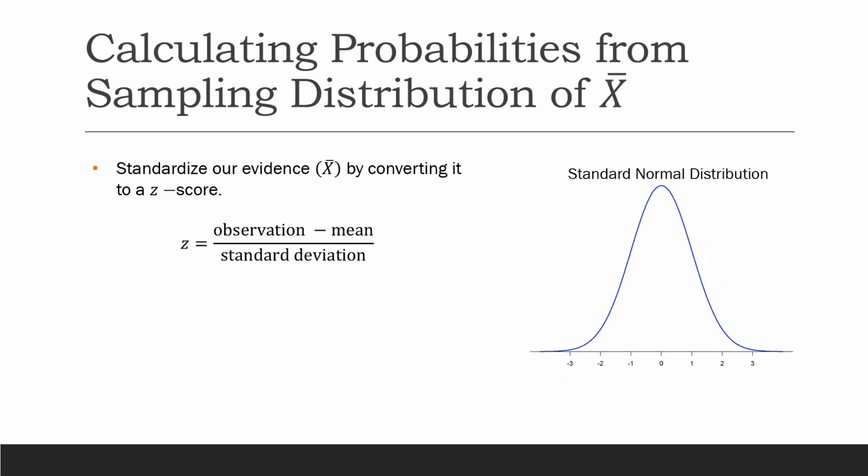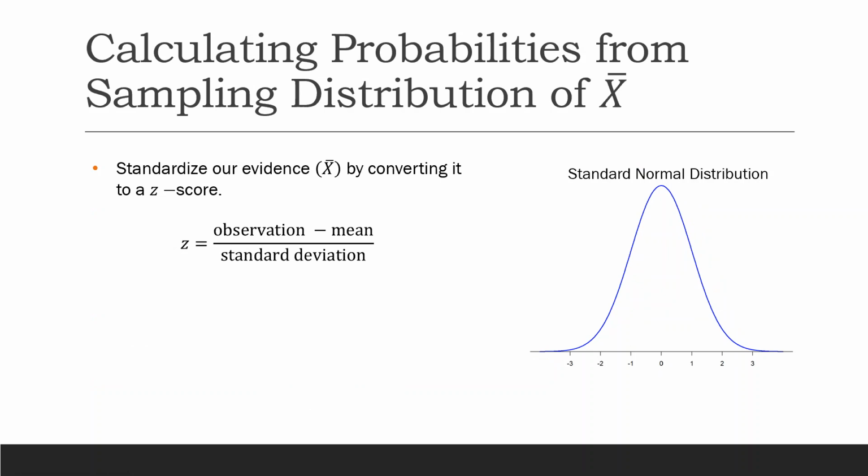And so if I were going to calculate probabilities about X bar, then one of the things that I can do is convert that X bar to a Z-score, and it'll change my sampling distribution to now being a standard normal distribution, right?